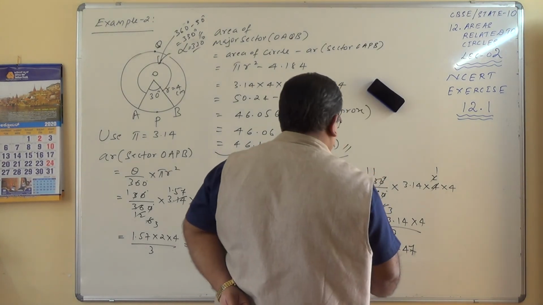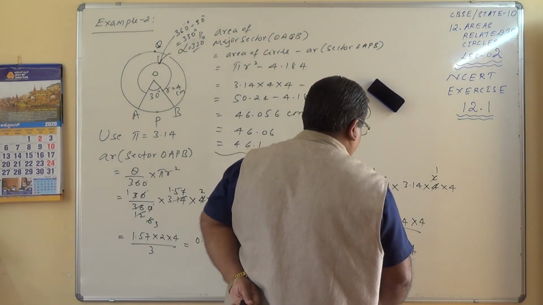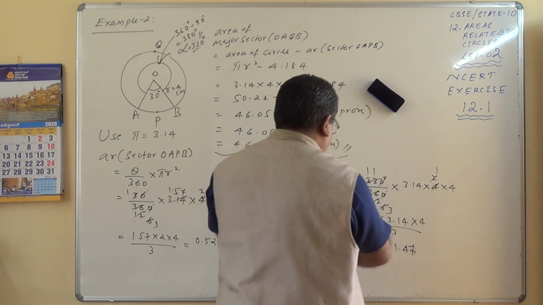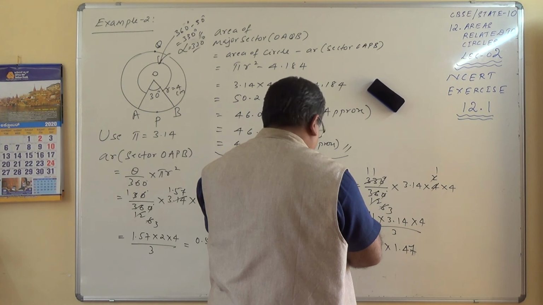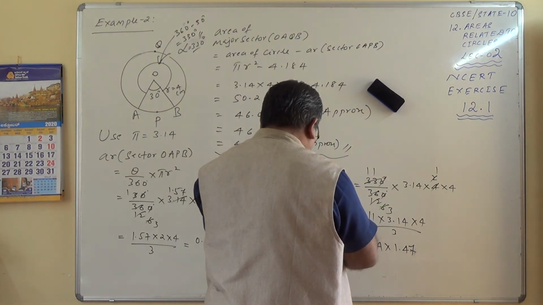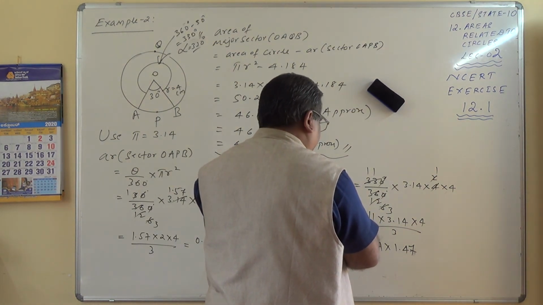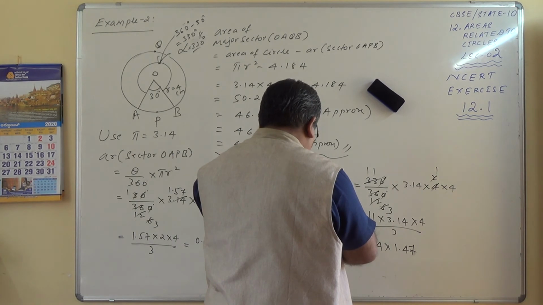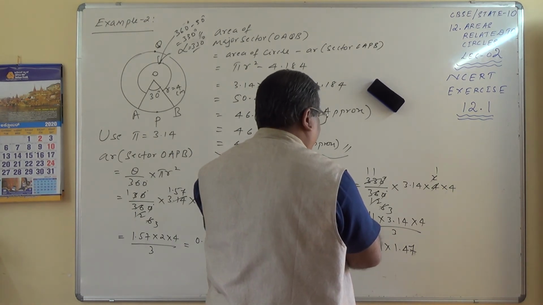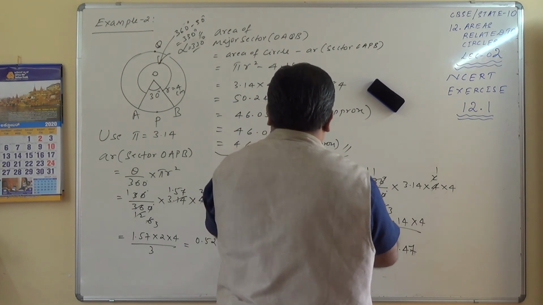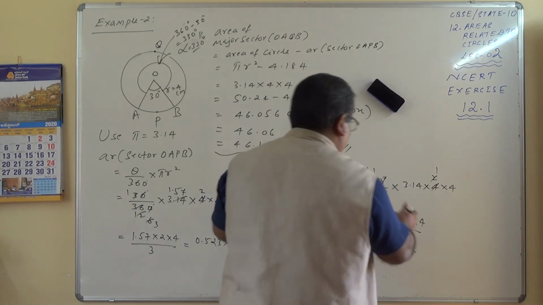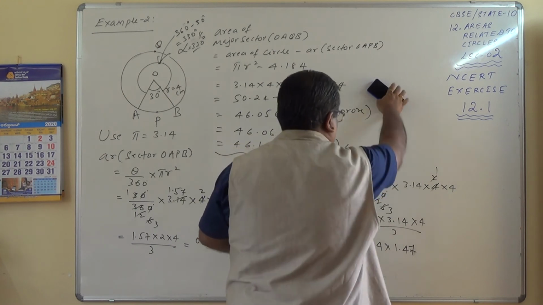No, something is wrong here. 330 by 360. Just a moment. This is 330 by 360 into 3.14 into 16. 46.05. I think there was probably some calculation mistake.